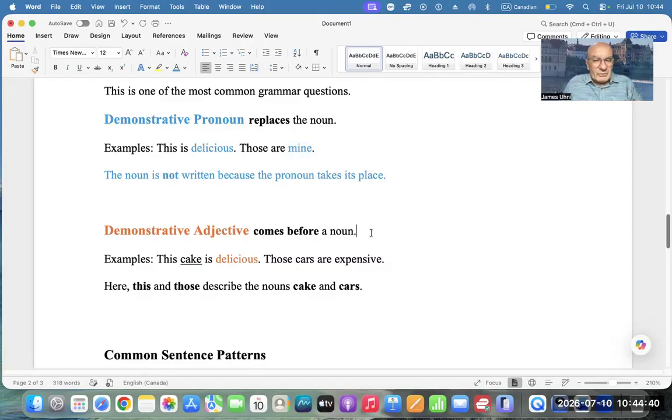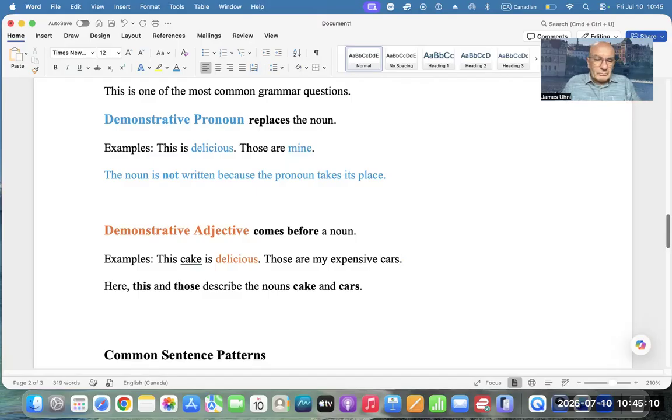But the possessive adjective is my. So we would have to say those are my cars. Or we can say my expensive cars.